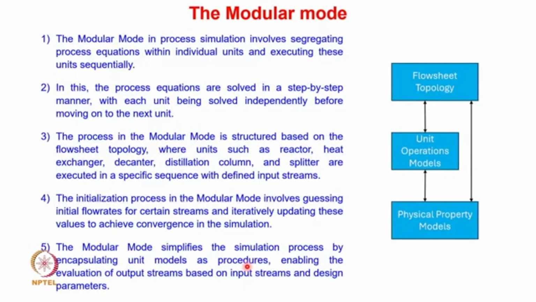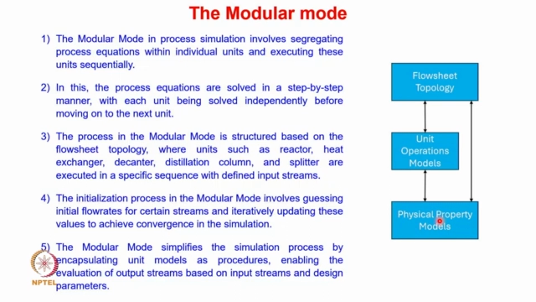If you look at the entire methodology, it is represented schematically here. You can see that we are solving the unit operation models. For unit operation models we require different properties, so we will be solving the physical property models based on the thermodynamics or different empirical rules. Based on that we will be obtaining the physical properties.